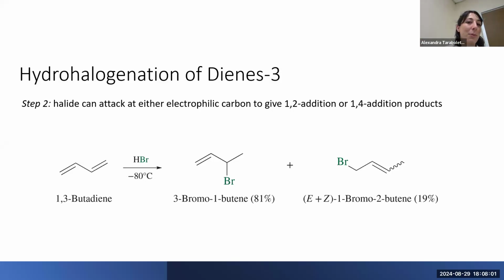Here's another example of that. This is the addition reaction of butadiene. So we're going to do an addition reaction on this double bond. During the first step, that double bond is going to open up and generate a cation right here.